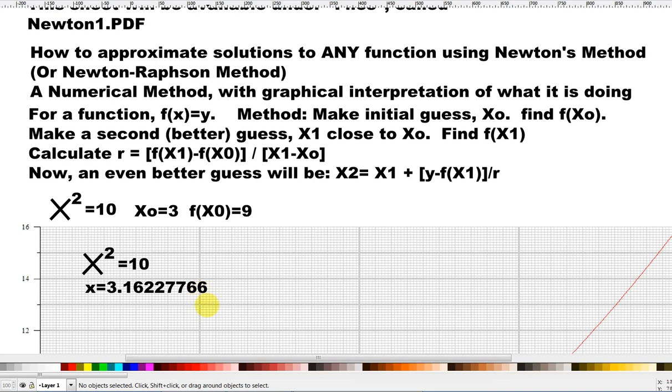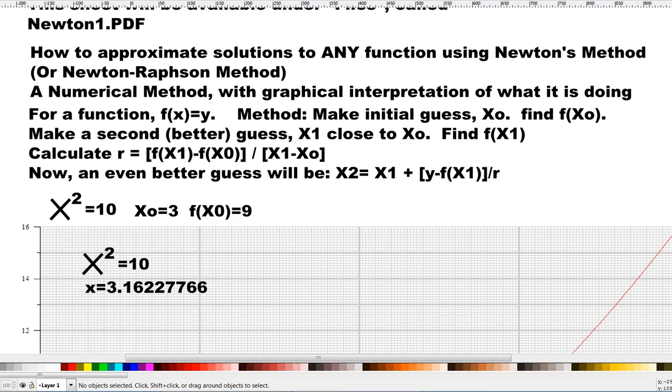What Newton's method allows you to do is approximate this answer better, right? You could carry this out to 1,000 decimal places using Newton's method if you wanted to go through Newton's method 10 or 12 times, right? So you have to keep getting better and better. So let's make a better guess.